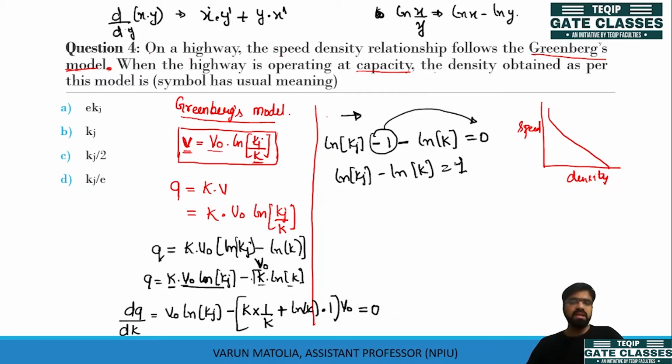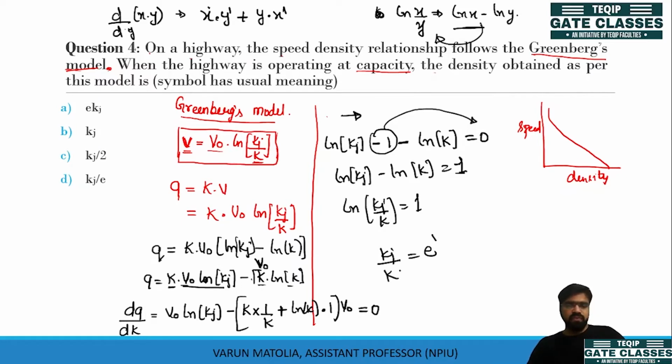It was minus 1, here it will be plus 1. How we simplified it, we will again go back to the same condition: natural log kj by k is equal to 1. We know that in order to remove this natural log, we have to put the exponential term on both sides. Kj by k equals exponential power 1.